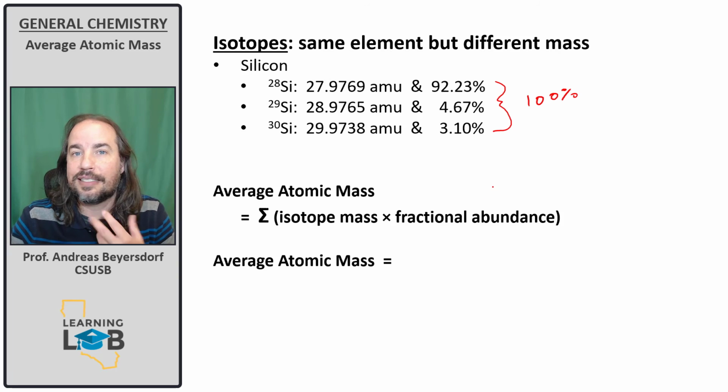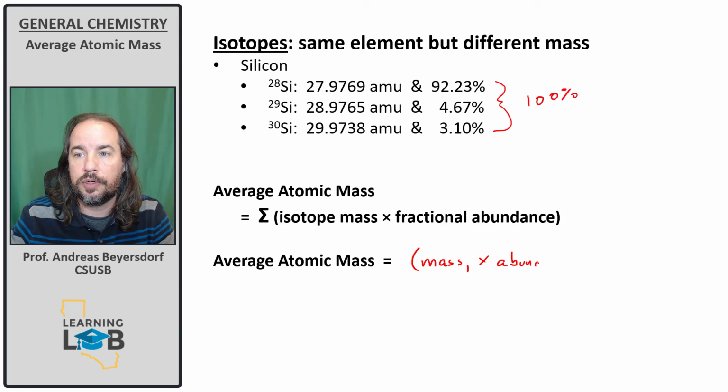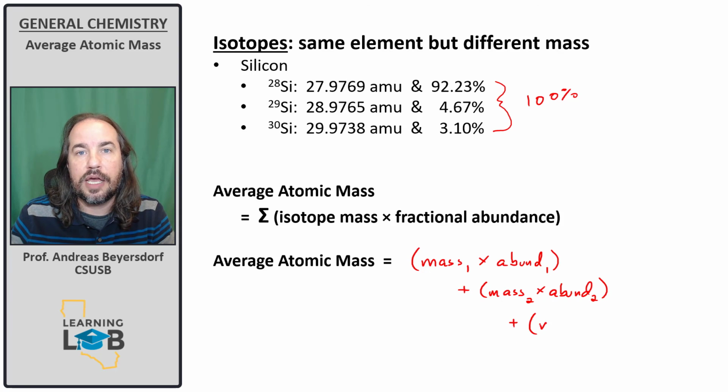Well, in this case, seeing that we have 3 different isotopes, our average atomic mass is just going to be the mass of that first isotope times the abundance of that first isotope plus the mass of the second isotope times the abundance of that second isotope. And then do the same thing for the third isotope.